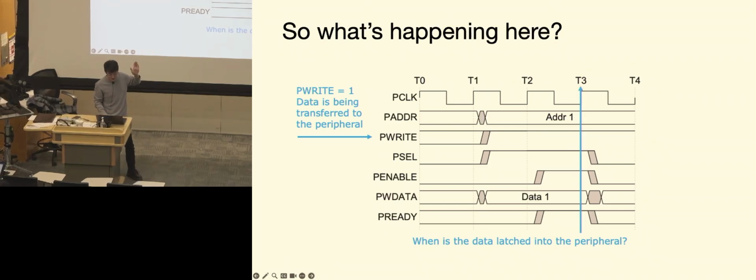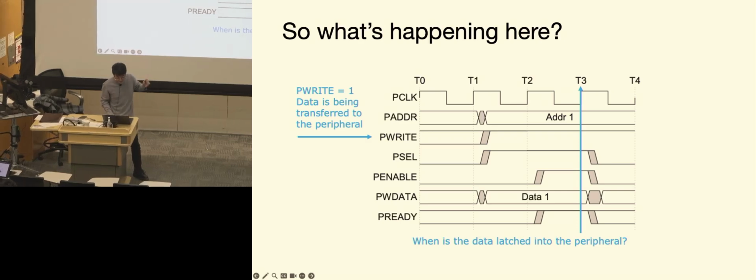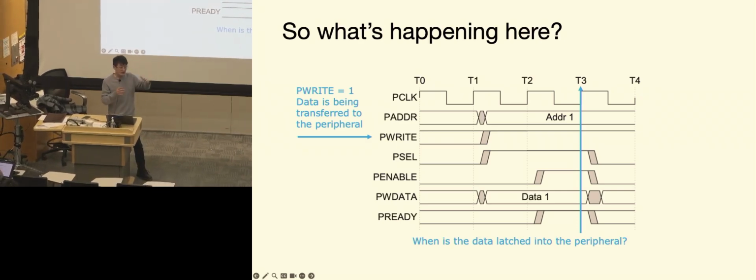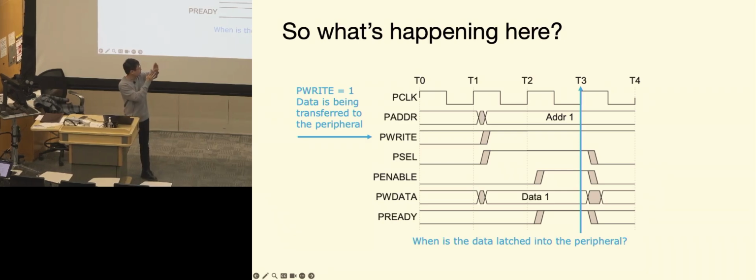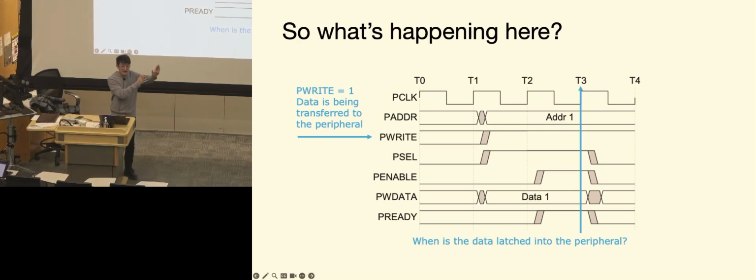And then after that, the P-ready pin is up, and that happens after the T2 positive edge. So at the beginning of T3, clock cycle 3, that's when everything's ready, and that's when the actual write happens.